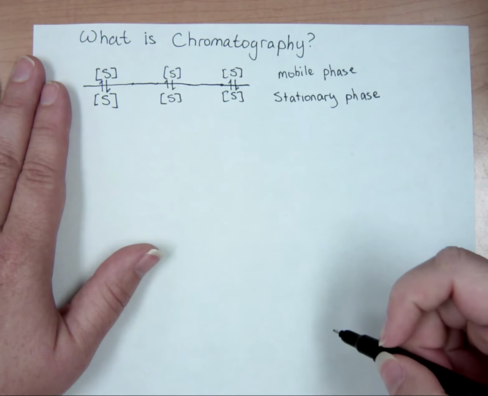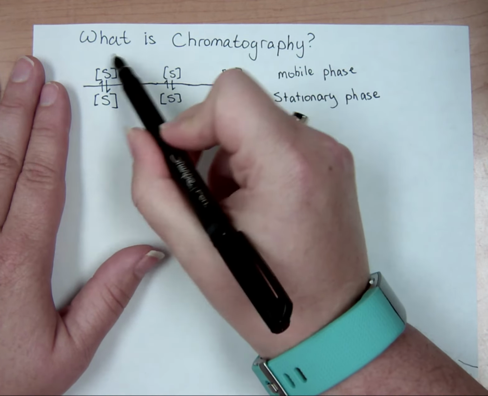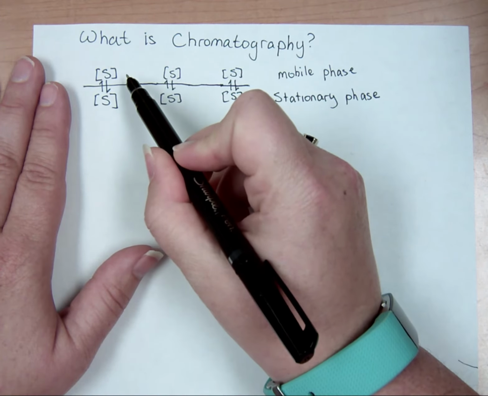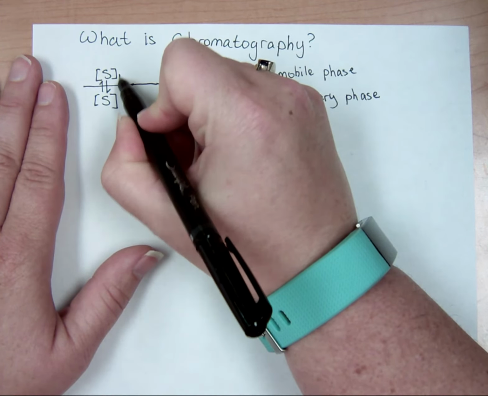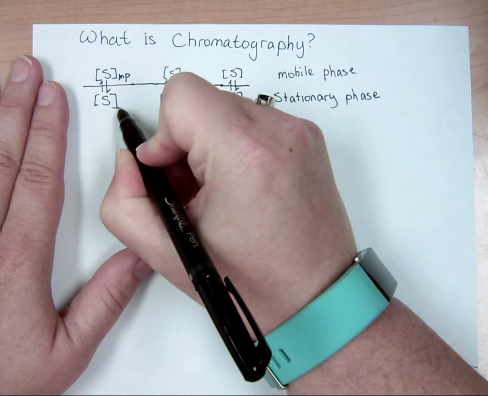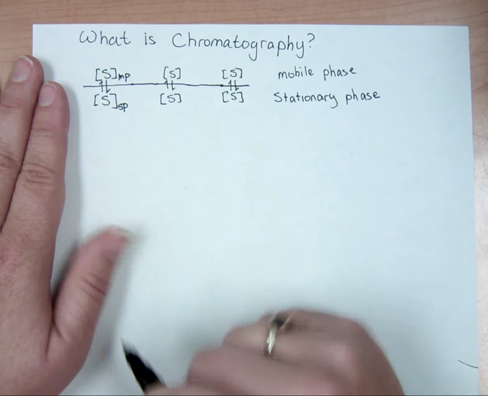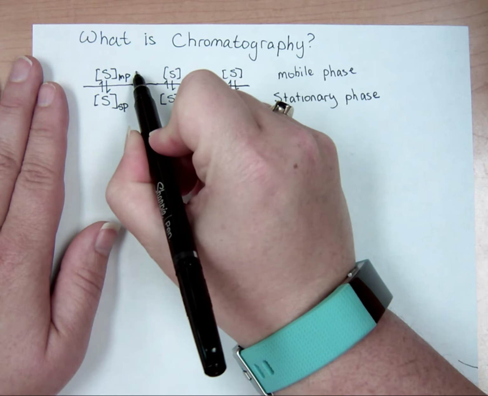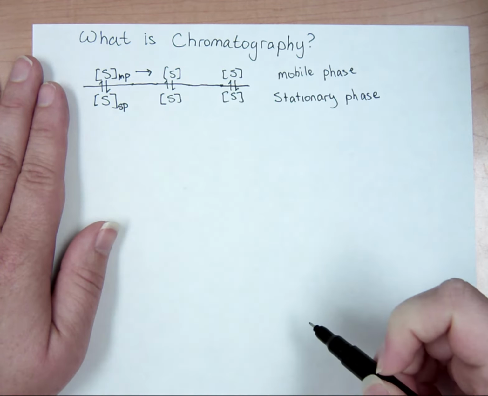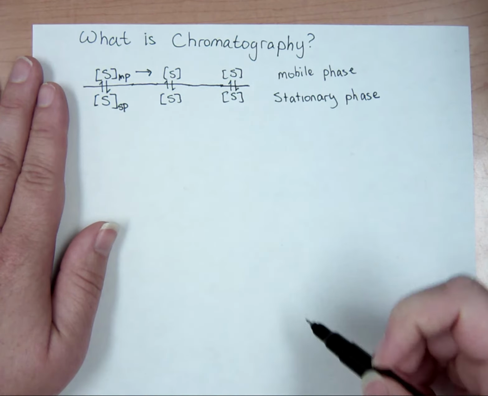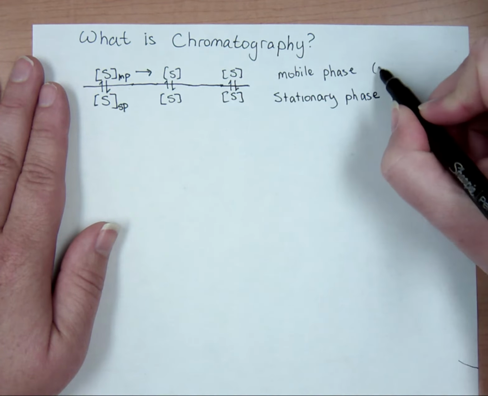So what does this mean? It means we do an extraction, and any analyte that ends up in the mobile phase, which I'm going to abbreviate MP, and not in the stationary phase, SP, can then be moving along with the direction of the mobile phase. The mobile phase itself is moving.